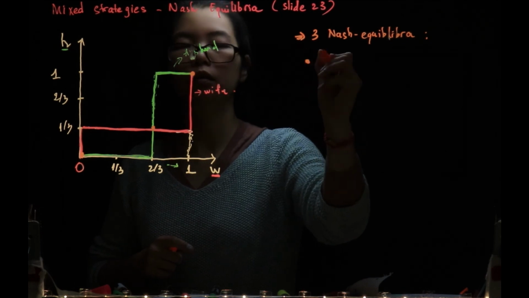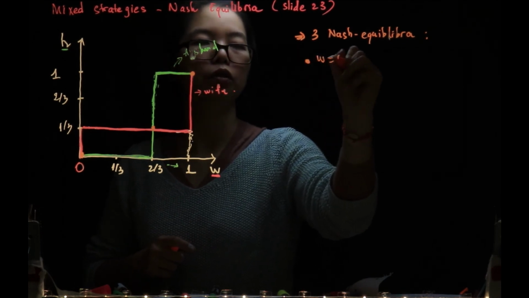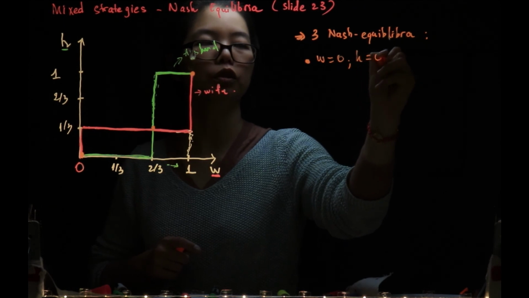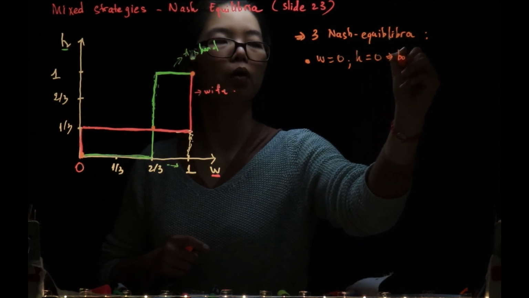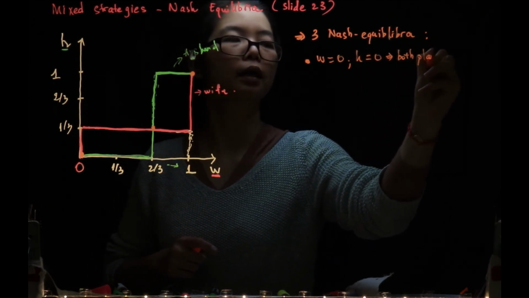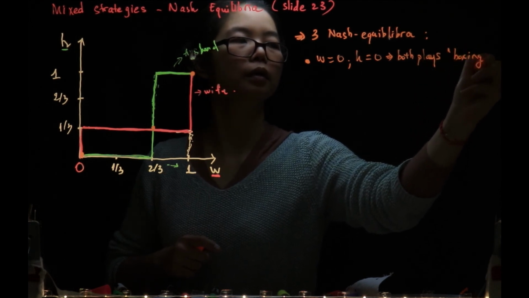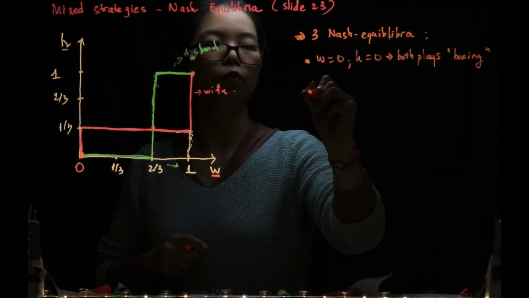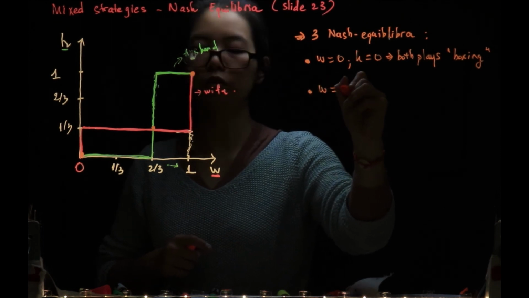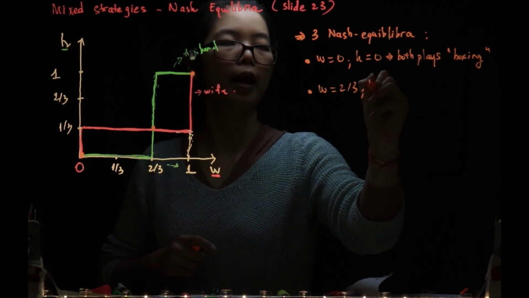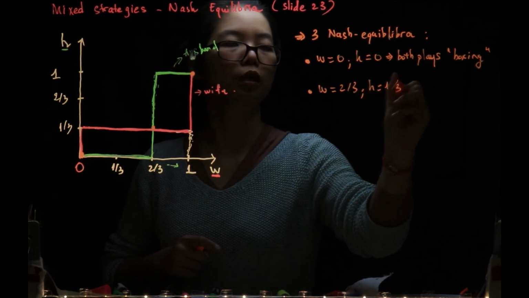First one, W equals 0, H equals 0: both play boxing. The second one, W equals 2/3, H equals 1/3.